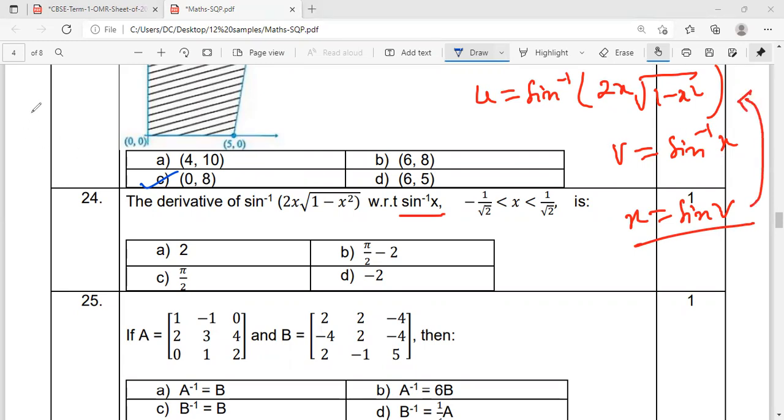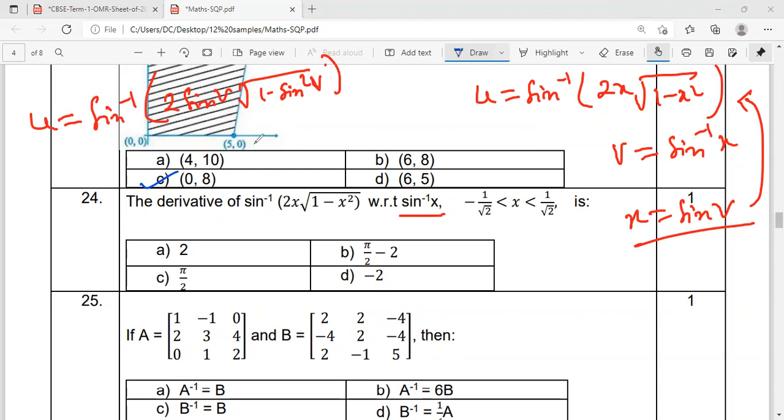So what do you get then? u is equal to sine inverse of 2x under root 1 minus x squared, so 2 sine v under root 1 minus sine square v, which is cos square v. We should directly write it, but I'm just writing it to make you understand.